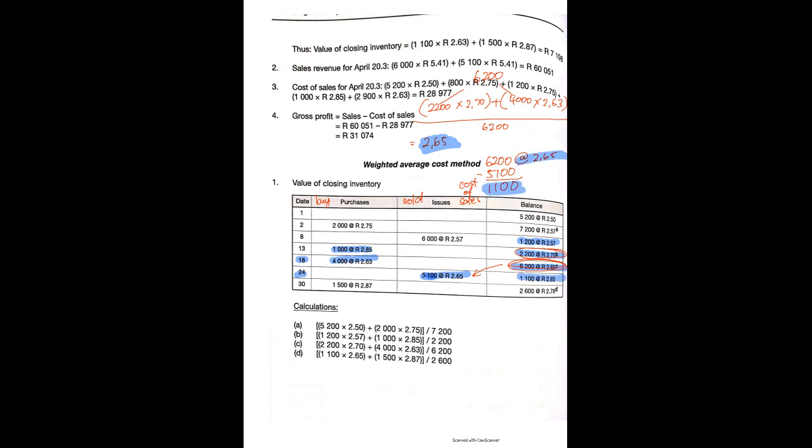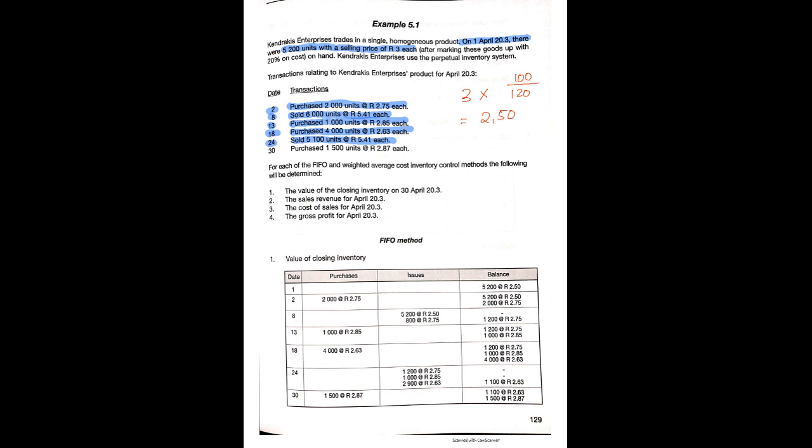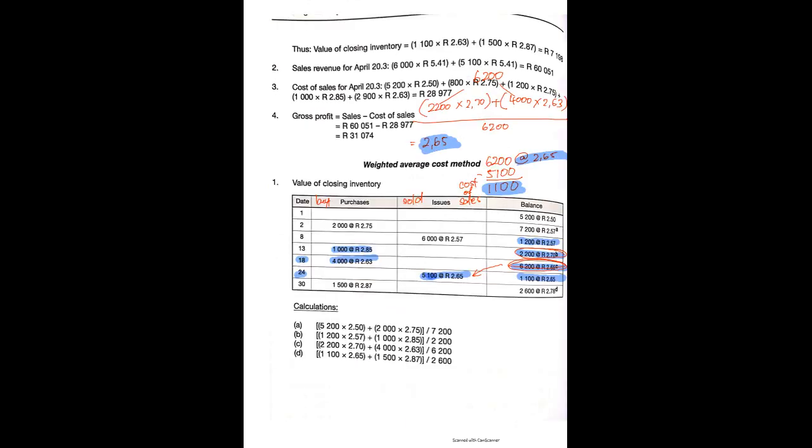Then the last transaction was on the 30th. You purchased more, 1,500 at 2.87, which means there's a new weighted price that needs to be calculated. So on the 30th, 1,500 at 2.87, and so it'll be whatever was previously there, which was the 1,100 at 2.65 plus now the newly purchased 1,500 at 2 Rand 87 divided by collectively 1,100 plus 1,500.